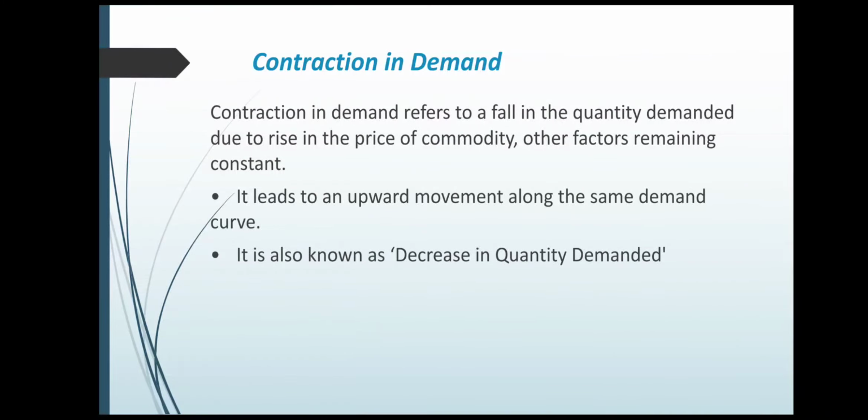The second type of movement is contraction in demand. Contraction in demand refers to a fall in quantity demanded due to rise in price of commodity, other factors remaining constant. So since there is a negative relationship between price and quantity demanded, a fall in quantity demanded is an effect of rise in price of a commodity, because we are considering all the other factors to be constant.